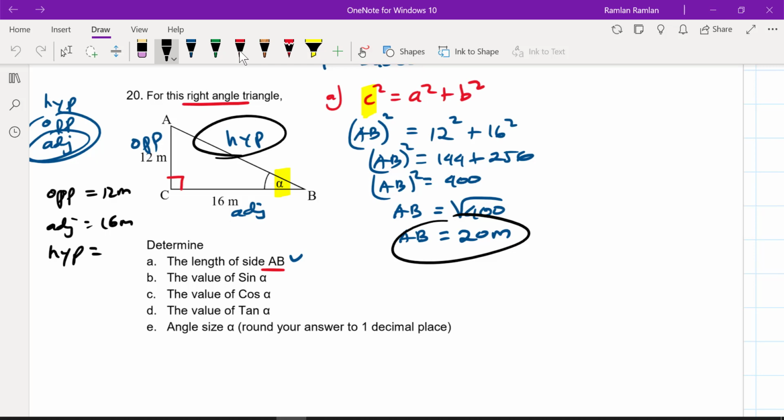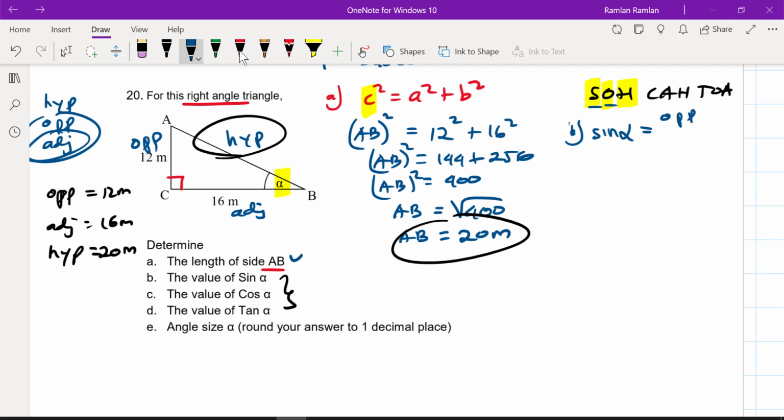Okay, now to find the sine, cosine, and tangent, you can memorize SOH CAH TOA. So SOH means S is for sine, O is for opposite, H is for the hypotenuse. So question B is going to be sine, so sine alpha equals the opposite over the hypotenuse.